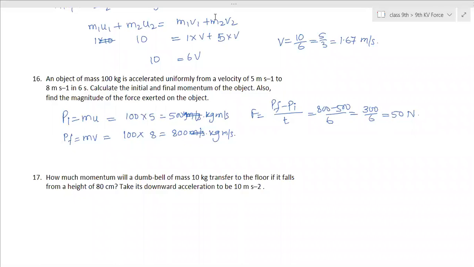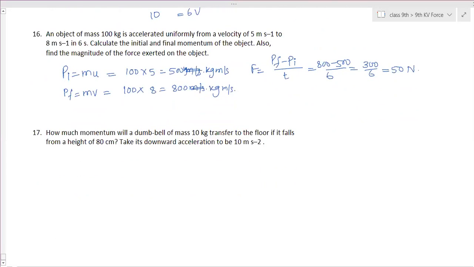Momentum is equal to mass into velocity. Here the object is falling downwards, so vertical motion you have to consider. Distance covered is 80 centimeter, that is equal to 80 by 100, which is 2 by 5.